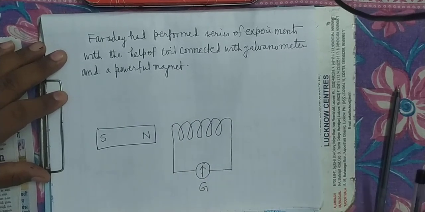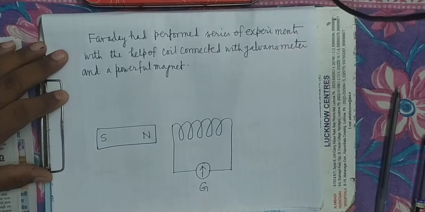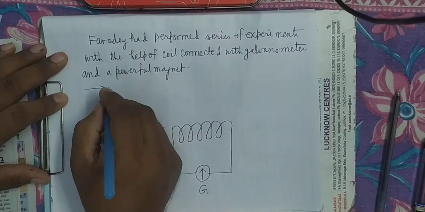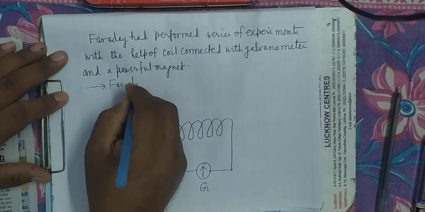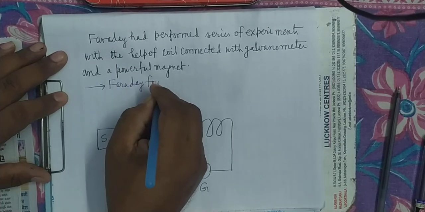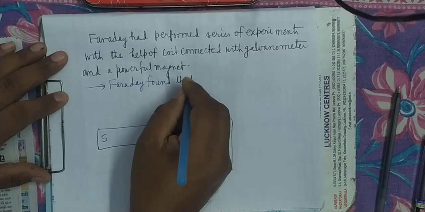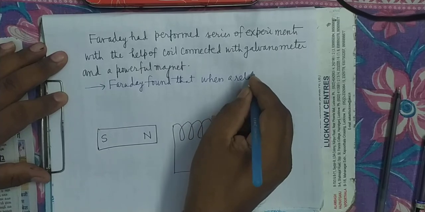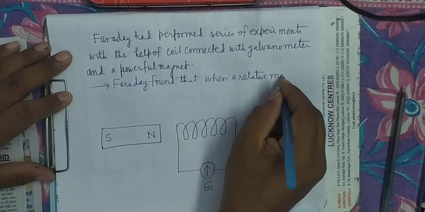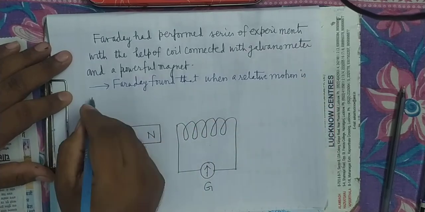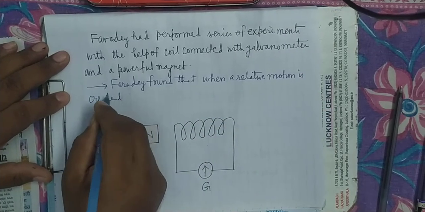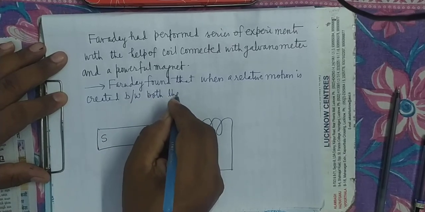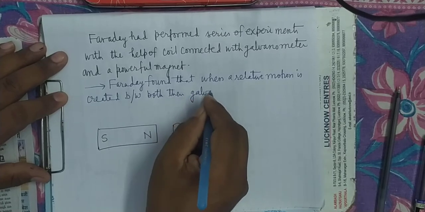Faraday found that when a relative motion is created between both, then the galvanometer shows a deflection.